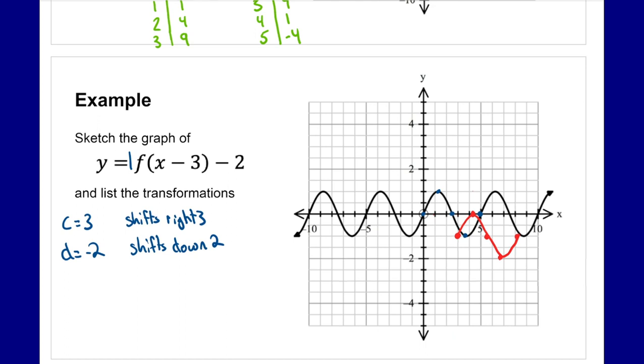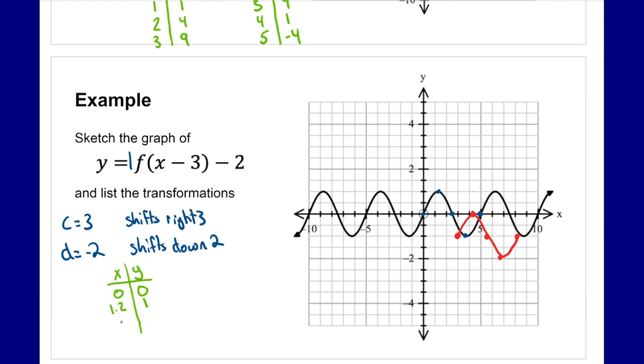Again, if you prefer not to use the drawing method, you can always just create the two tables. So the first one will be our base function. So we had 0, 0. We'll kind of estimate we had 1.2 and 1.